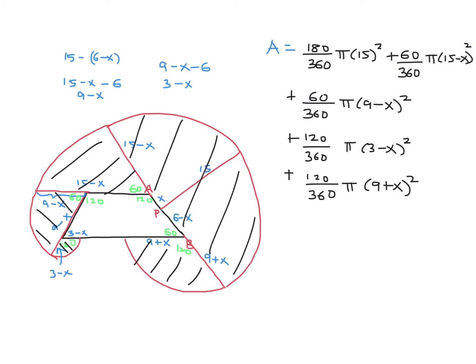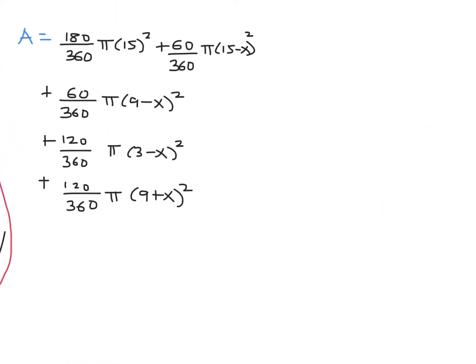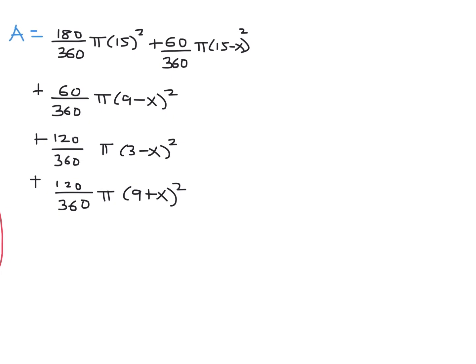Okay, now we have to crunch out these numbers, and we're going to get a quadratic, and then we can do what they're saying, which is minimize the area. Okay, so here we go. Let's crunch these out.